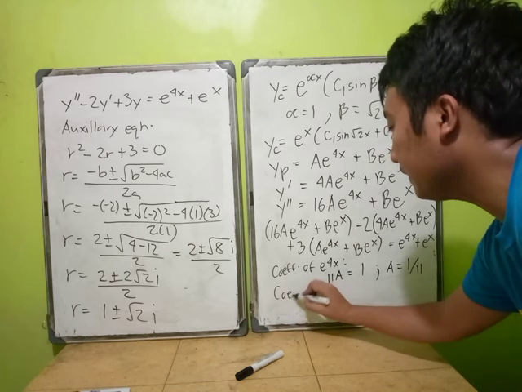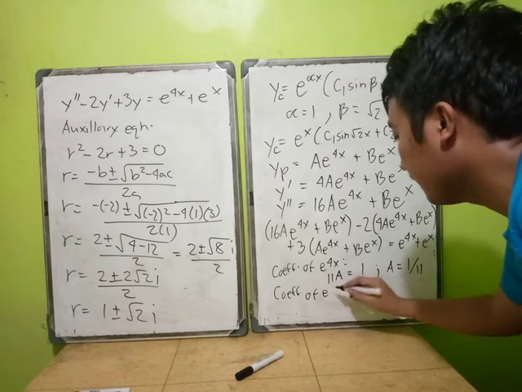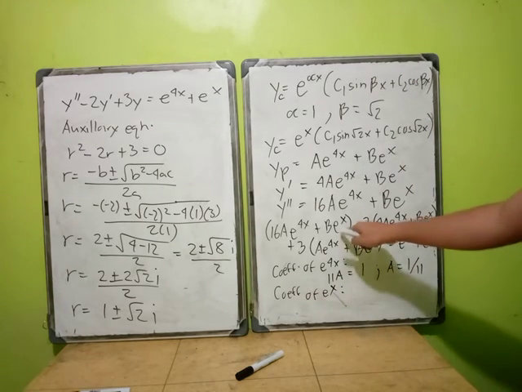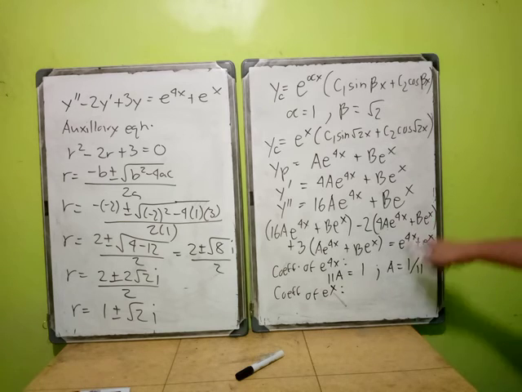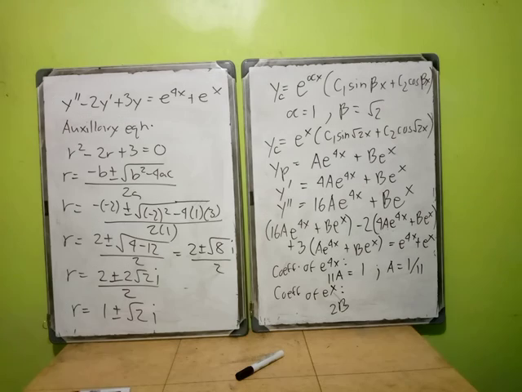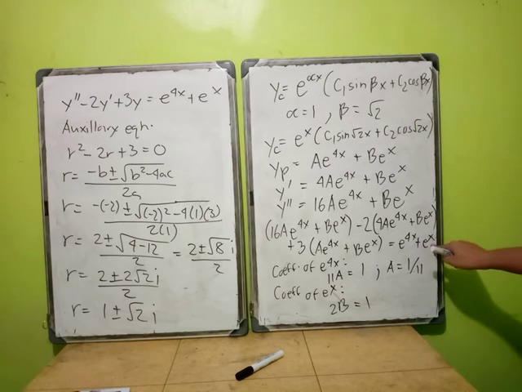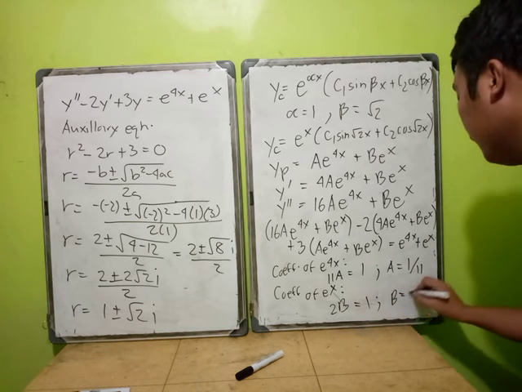Then the coefficient of e to the x: here, we get b minus 2b is equal to negative b, plus 3b is equal to 2b. So we get 2b is equal to 1, which is the coefficient of e to the power of x here. So we get b is equal to 1/2.